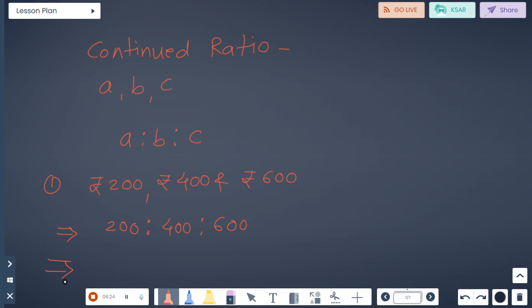The final solution is 1 is to 2 is to 3. Means three quantities in continuous ratio can be written in the form a is to b is to c, and we get a final solution.